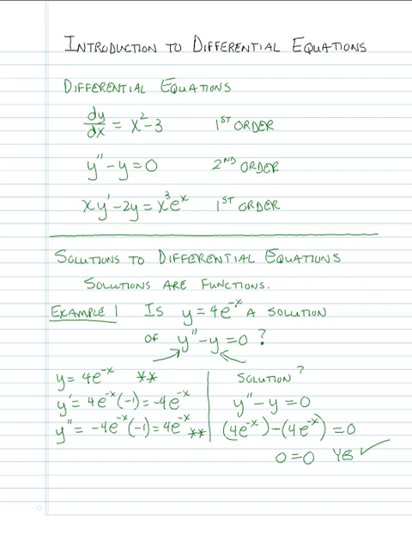Now, before we move on, we need to understand that sometimes we have solutions given in different ways. And so here's what I would suggest to you. We're going to be concerned about two types of solutions: a general solution, or a particular solution.